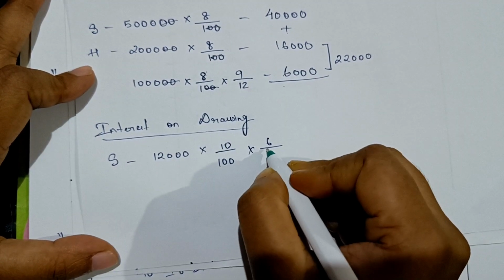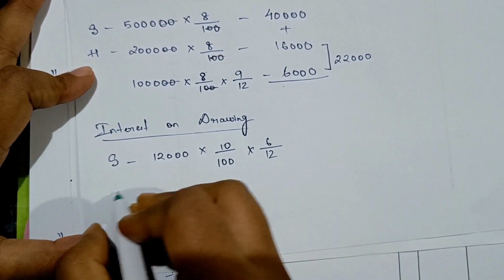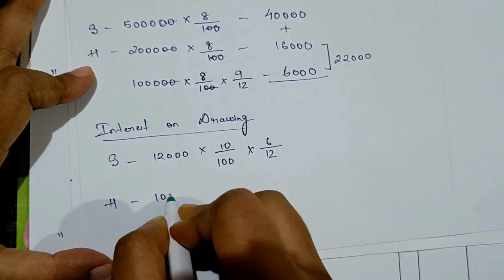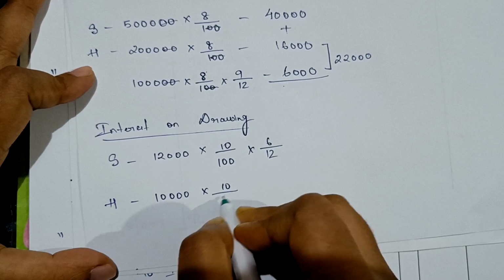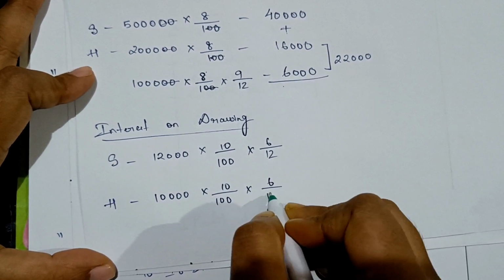Date has not been given, so we will assume this for 6 months. Same as Hari has drawn 10,000 rupees at 10% for 6 months.